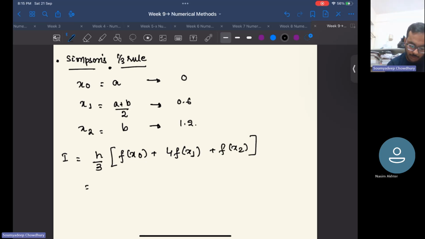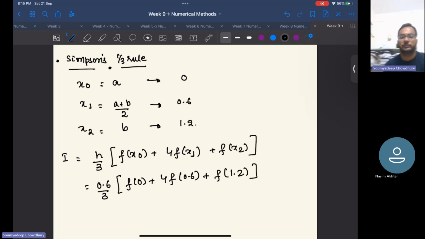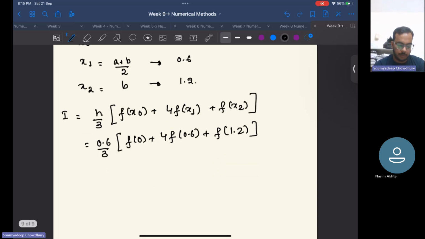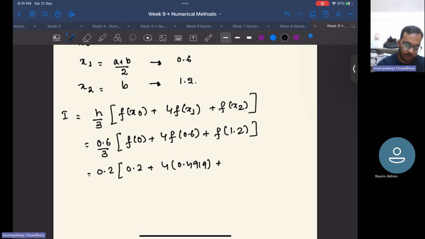So what is h here? h is 0.6, right? So it is 0.2 times f of 0 plus 4 into f of 0.6 plus f of 1.2. If you simplify this, you will get 0.2 times 4 into 0.4919 plus 1.091.